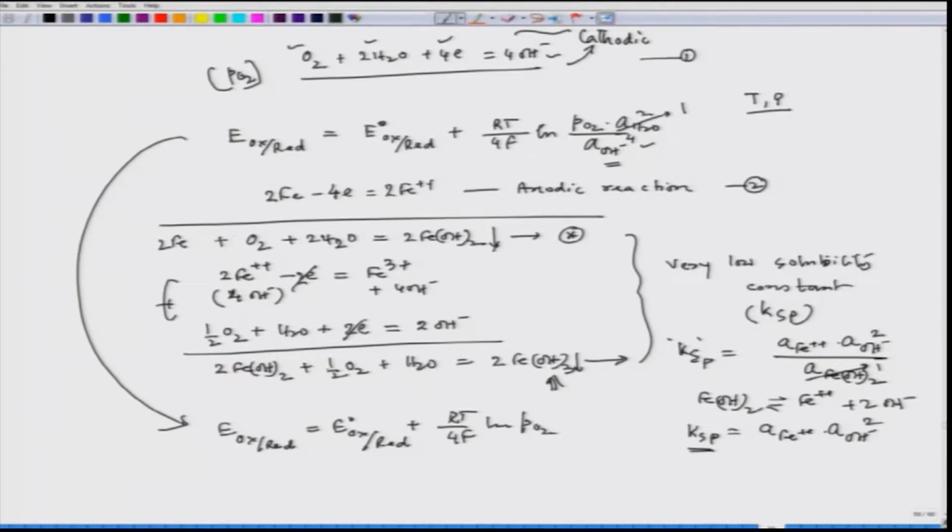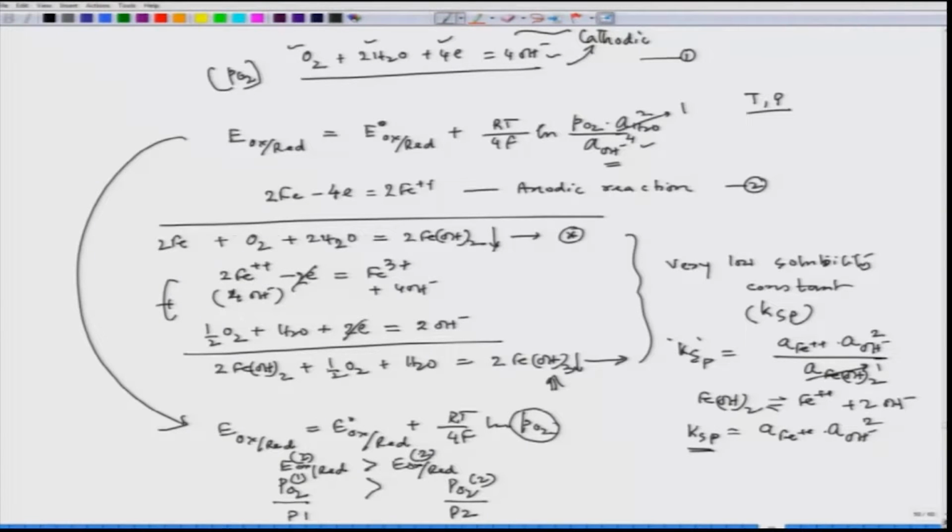So now once we have this relation, we see that if we have a difference in this quantity at two places, for example place 1 and place 2, and we have PO2 1 and PO2 2, then if this is greater than this, automatically we have E ox red 1 greater than E ox red 2.